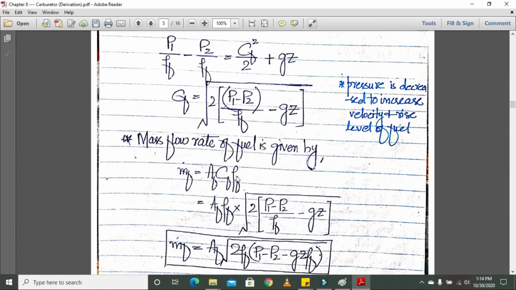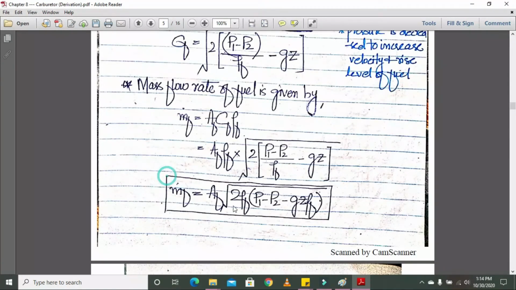Then we simply replace it and rearrange it to form this relation for the mass flow rate of fuel, which is the area of the fuel metering orifice multiplied by the square root of 2 times the density of fuel, times P1 minus P2 minus Gz rho f.